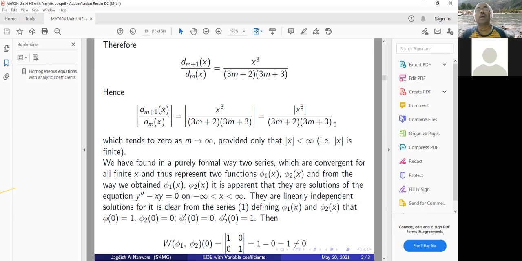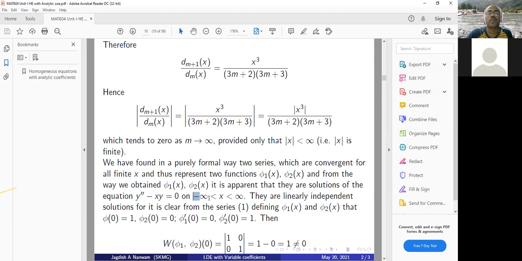And therefore, as the limit of this quotient tends to 0, we say that by the ratio test, the series phi 1 of x and phi 2 of x both are convergent. So this is about the convergence of series solutions of this differential equation y double dash minus xy is equal to 0.